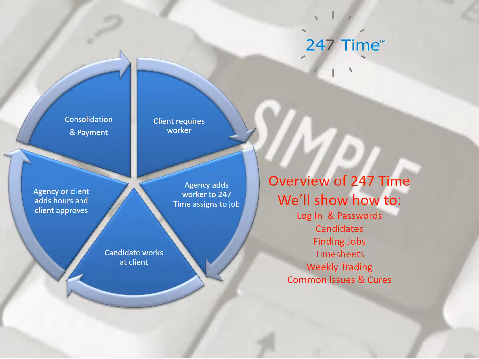From there, the candidate works at the client, and it's the following week where the timesheet activity takes place and that approval, and as a result of doing that, it then generates a data file which then goes through to the client for payments direct to you, the agency, and we start again with a new process week.